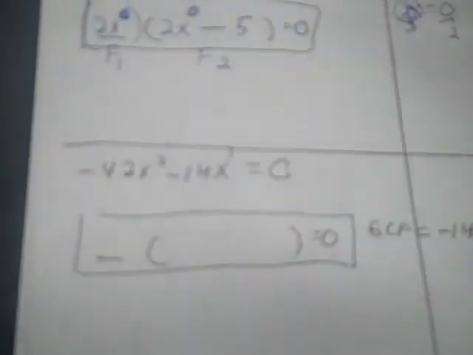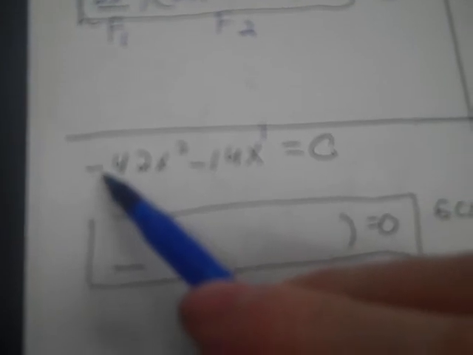X squared, x to the 1. So you have x squared, x to the 1, and x to the 1 is your GCF, and negative is in front, so my GCF is negative. Then 42 and 14, I have a 14 GCF, so I factor out negative 14x to the 1, then I divide by the negative 14x to the 1.